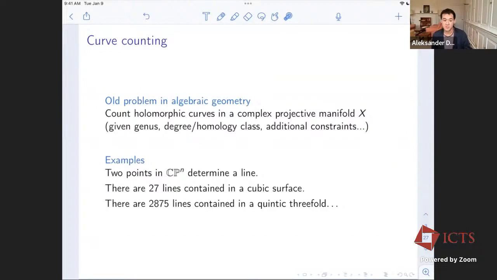And this is a very famous computation that started this entire story with mirror symmetry and got string theorists interested in that. And the very famous number is 2,875. And of course, if you consider curves of higher degree, there's an entire story of how to compute these numbers using mirror symmetry.